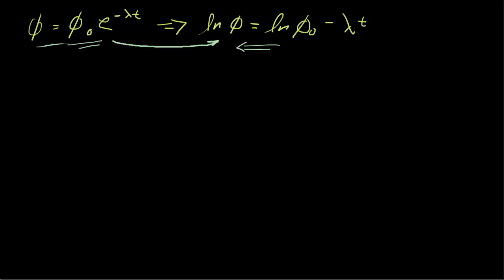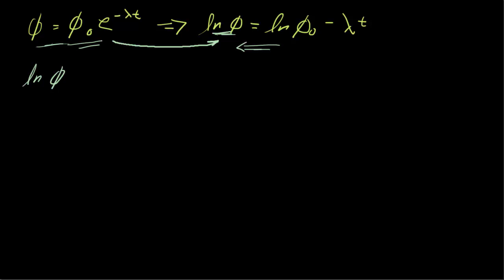So the way we do that, if we look at the terms in this equation, the natural log of phi is the power that you have to raise, and we've said this over and over again.